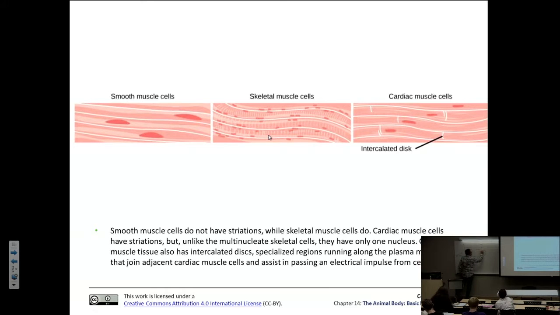So the boundaries of a sarcomere are the Z lines. And riveted to those Z lines are these filaments, a protein called actin, also called the thin filament.